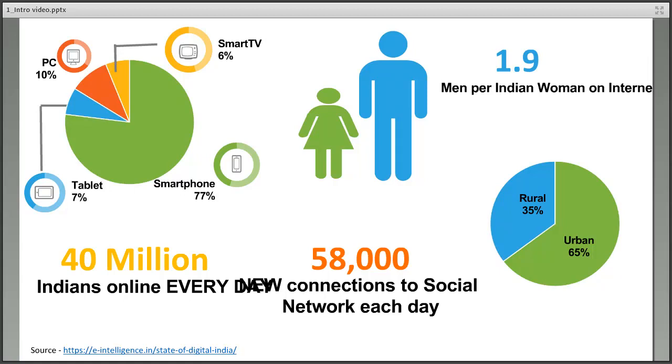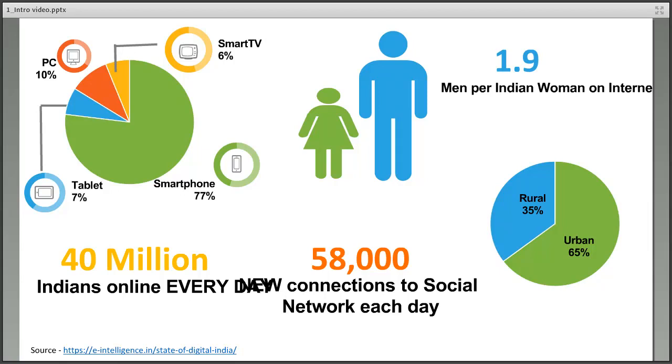Within the consumers of India, 1.9 men are online for every Indian woman on the internet, which means that if you have one woman internet user, there will be at least 2 men who will be using the internet.